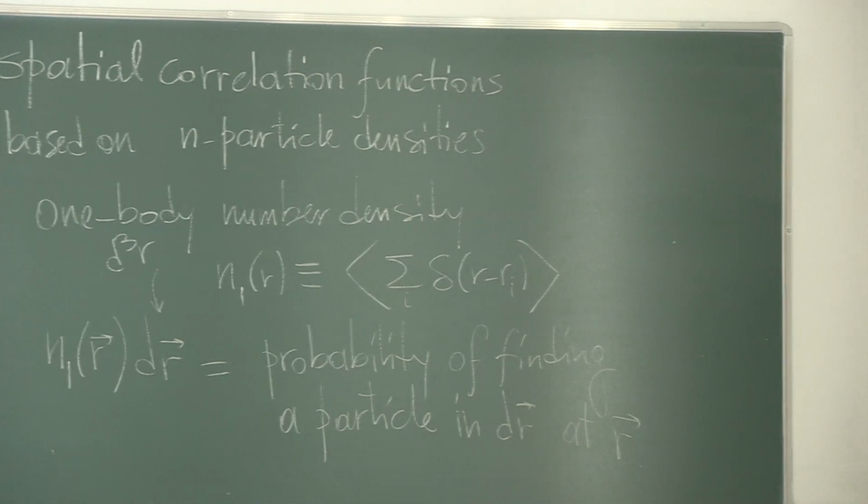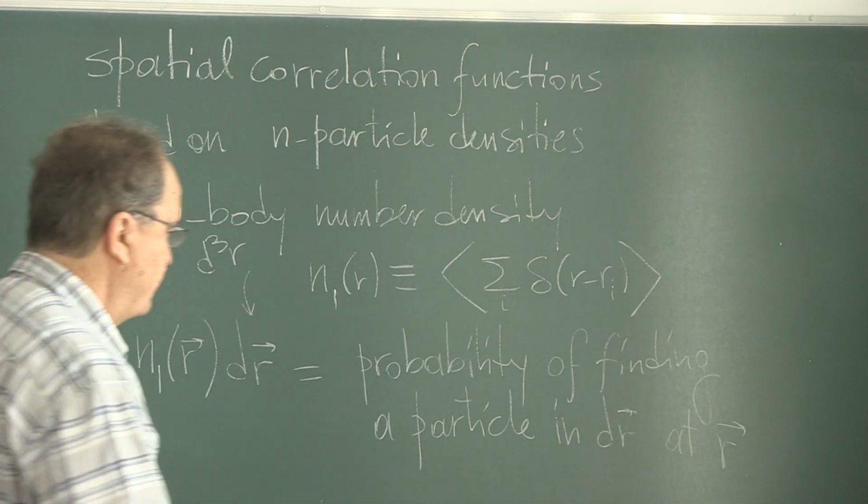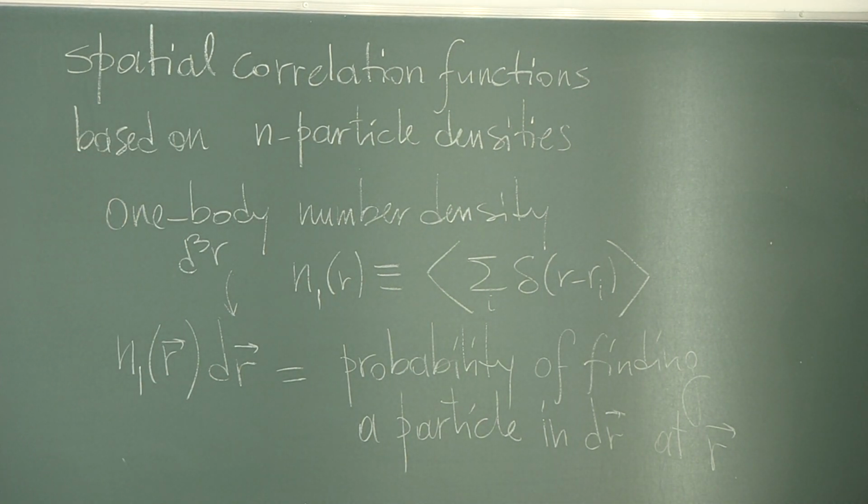And their definition will take us to the experiment in finding the structure of your system, where the atoms are sitting. So it is the probability of finding a particle in an infinitesimal volume element, d cube R, at position R. Okay? This is the one-body number density.